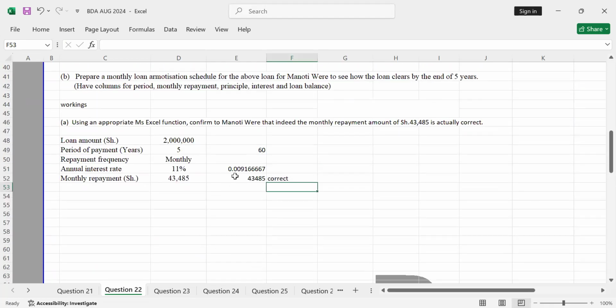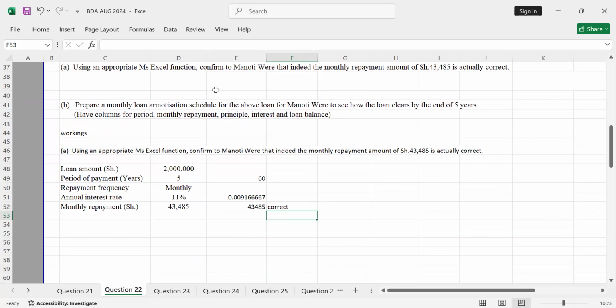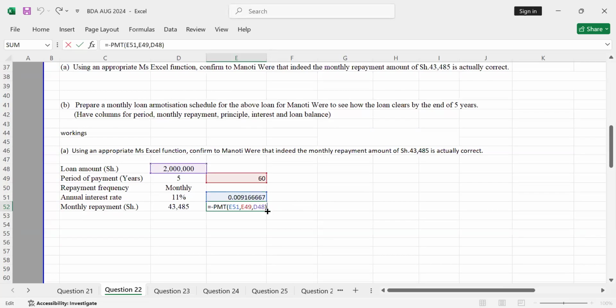So that is it. I'm hoping everyone has understood how we've been able to do it. I repeat again. I've said this is the installment payment, and the installment payment is our annuity, the equal amount that you'll be paying throughout the period. And to look at the installment payment, you just say equals.